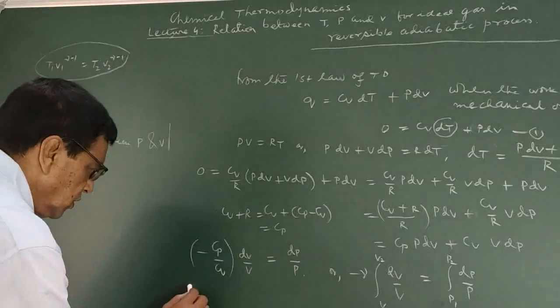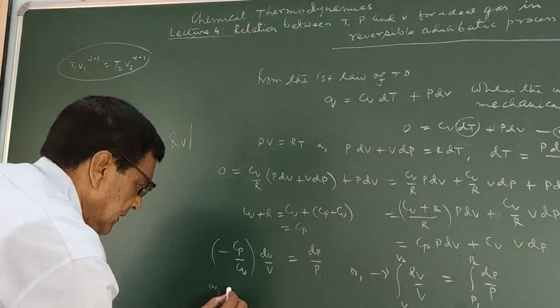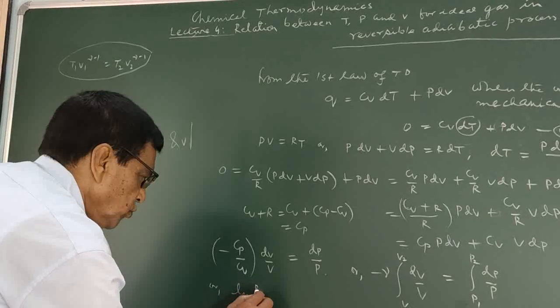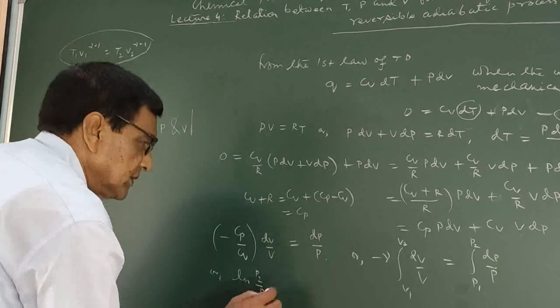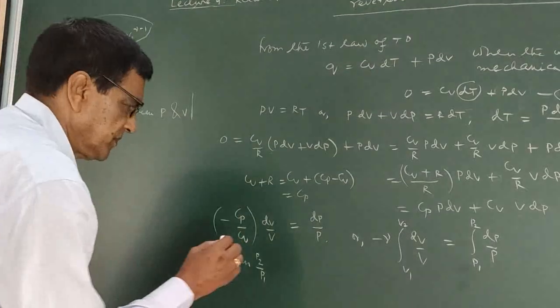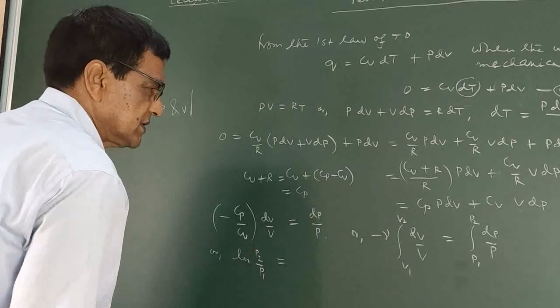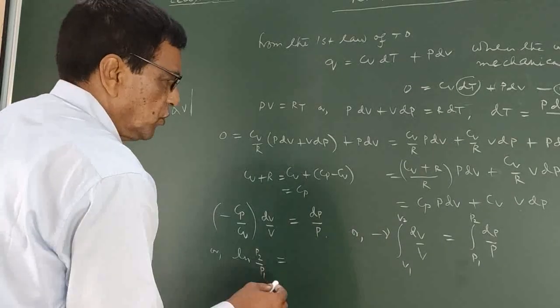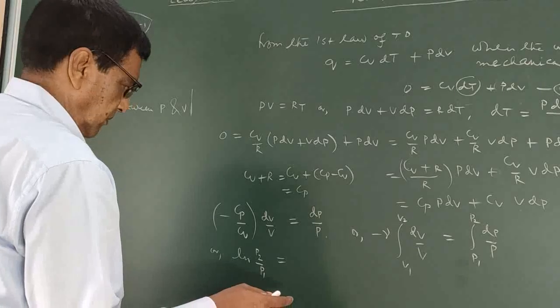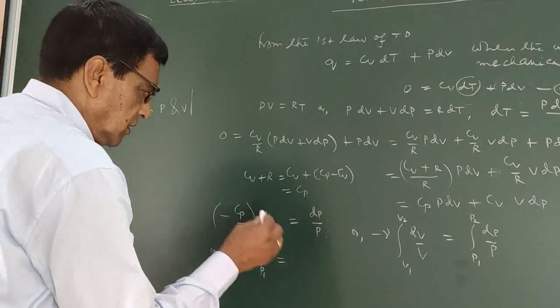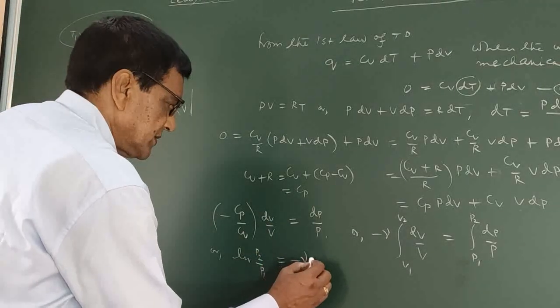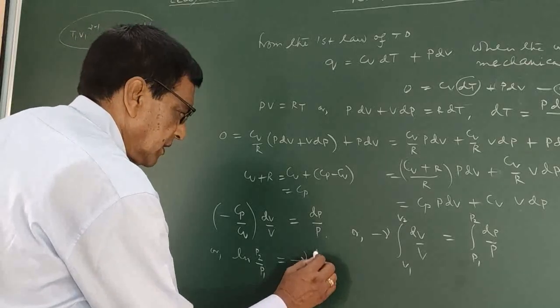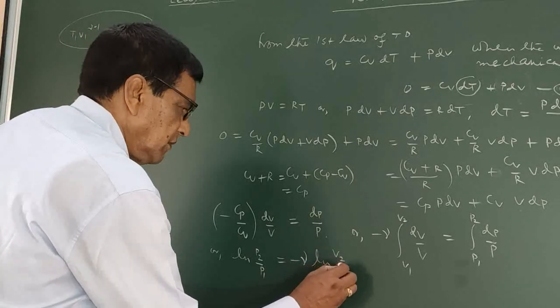So this will again be ln P2 by P1, this part written first, equal to minus gamma ln V2 by V1.